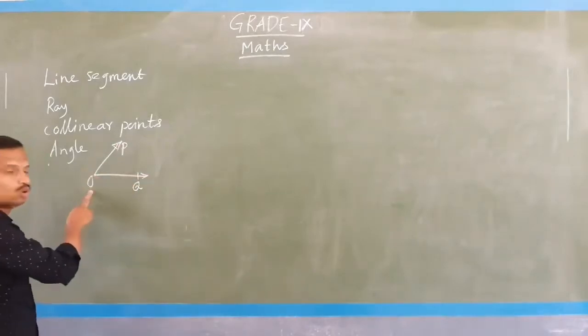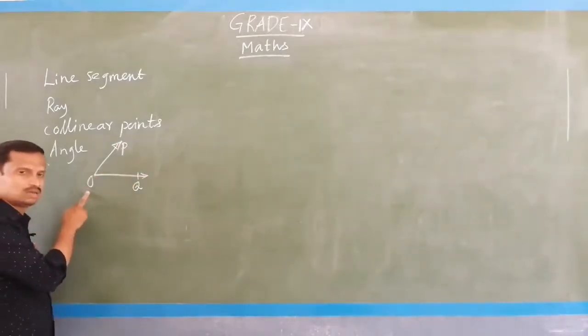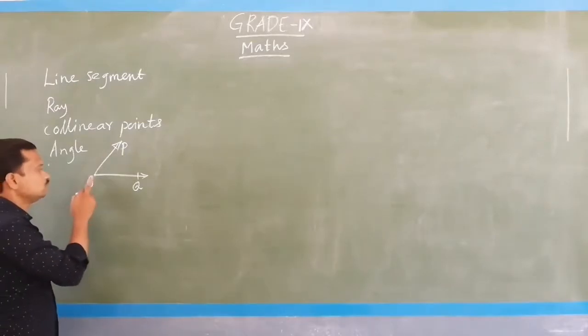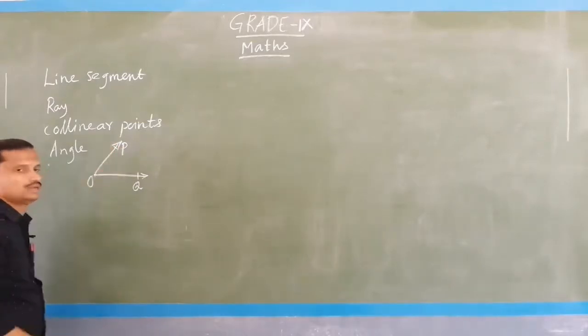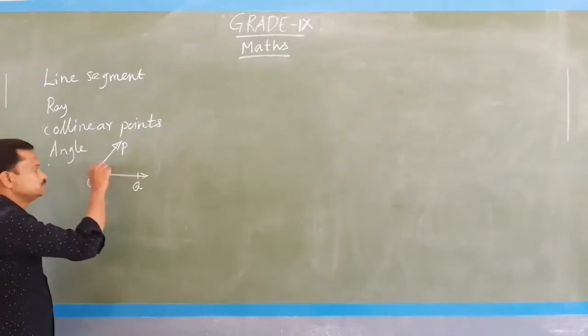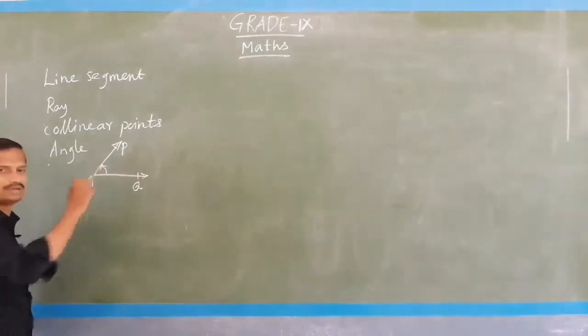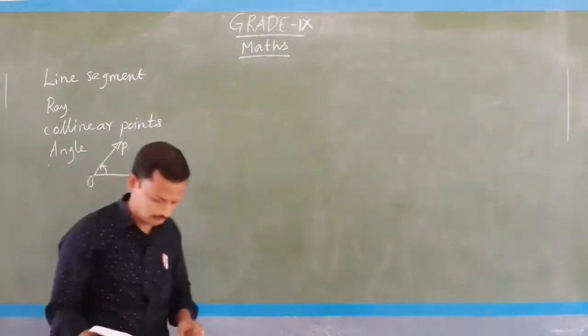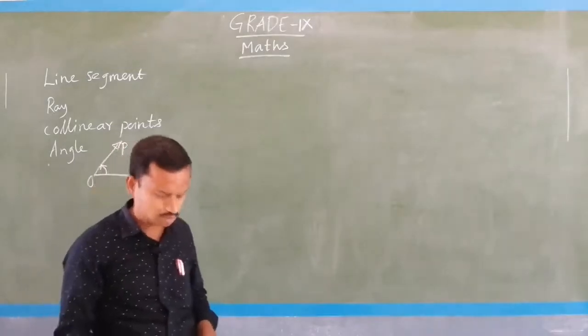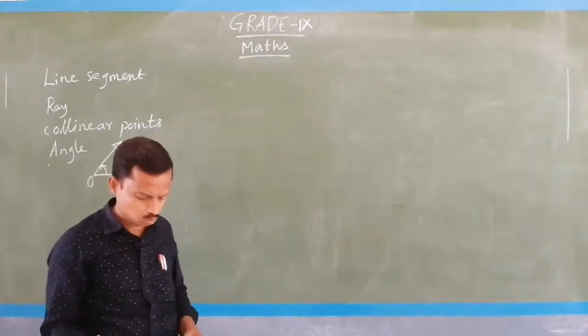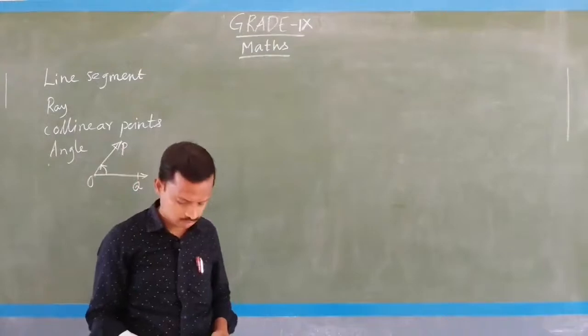This is O, so O is the common point. From here, this is one ray, this is another ray. So two rays originate from one common point, so they form an angle. An angle is formed when two rays originate from the same end point. That you have to take.